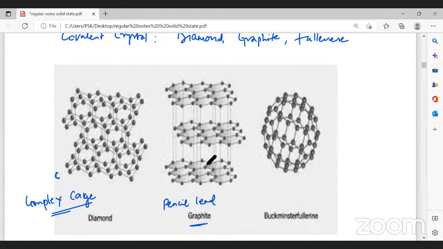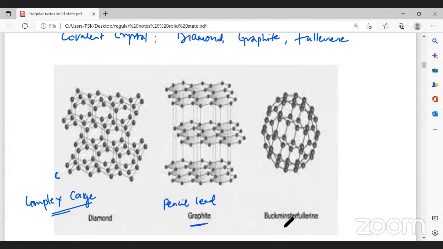So when you write on paper, it leaves a black mark. Here also these particles are nothing but carbon. This graphite is also an example of a covalent crystal, and it is soft. Graphite is soft, and it is a conductor.